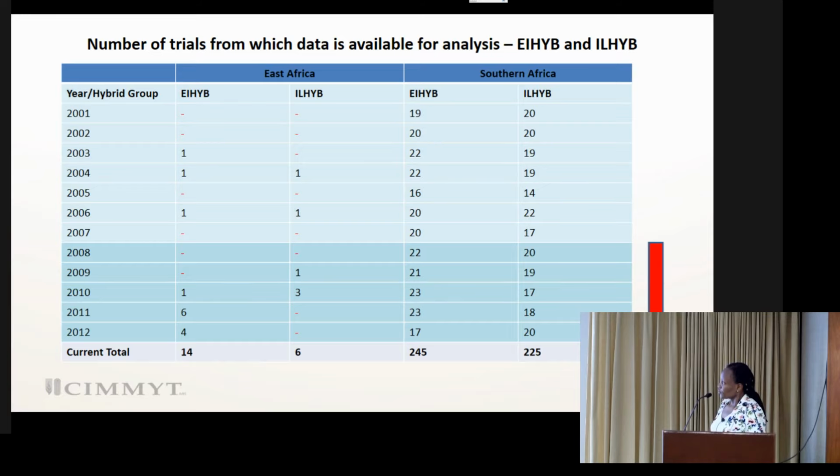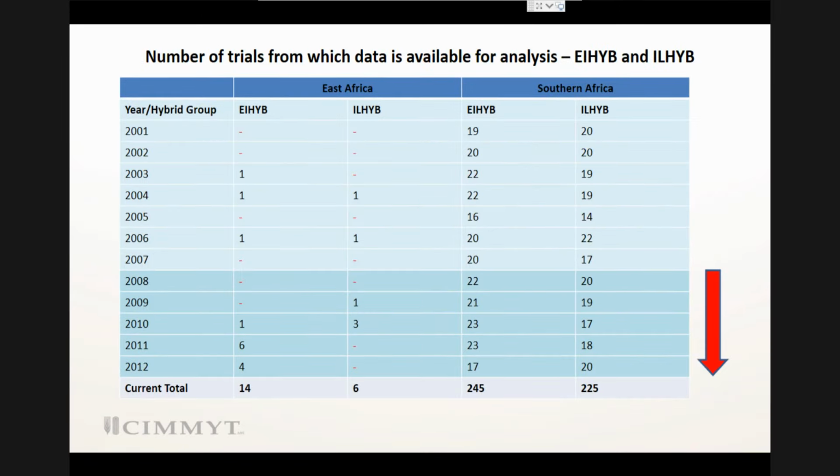So for these two groups of hybrids, as I said earlier on, from about 2001 to 2012, these are the number of trials for East Africa, which are available, which have complete information, and which are ready for analysis. From Southern Africa, again, during the same period of time, these are the numbers of trials which are available, which are complete, and which are ready for analysis.